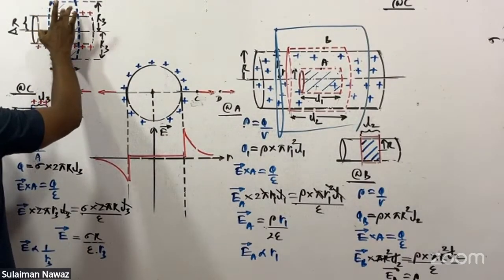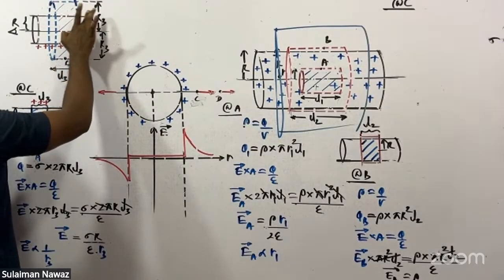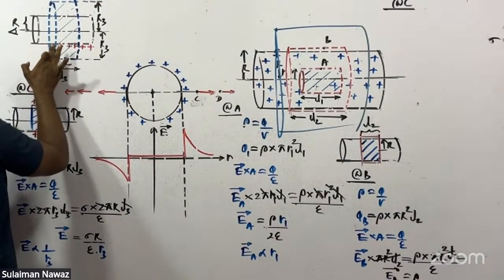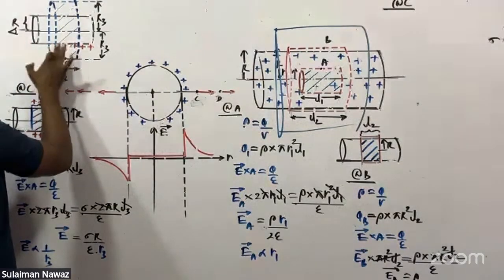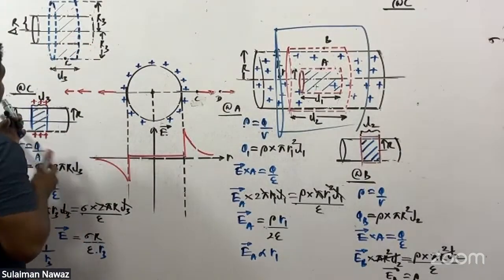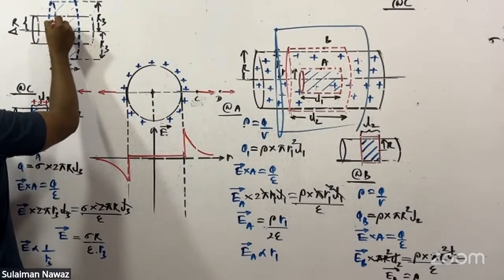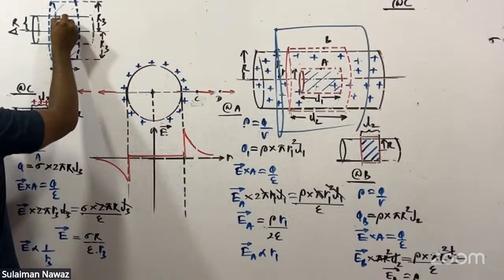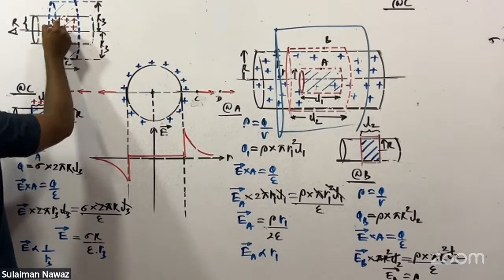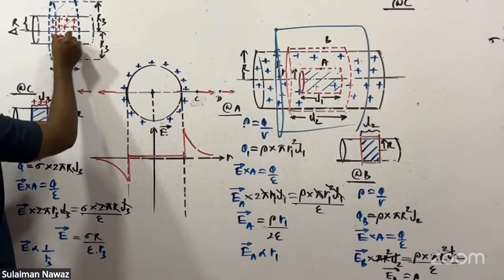This time it's a volume charge distribution. In that case, since it's a volume charge distribution, I am interested in the charges covered by this blue color Gaussian surface.